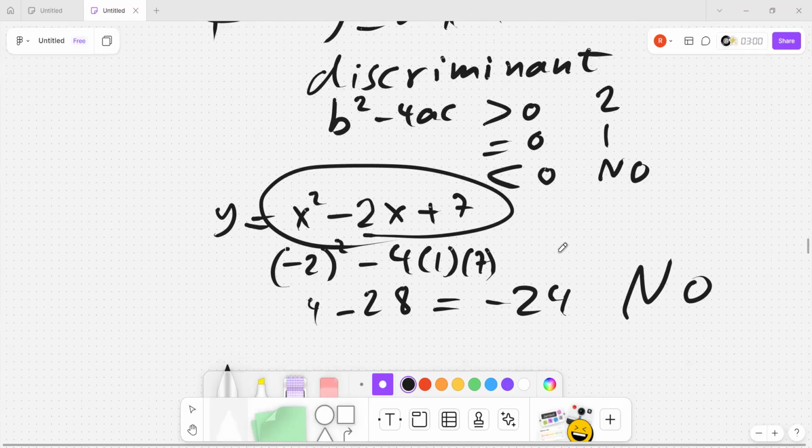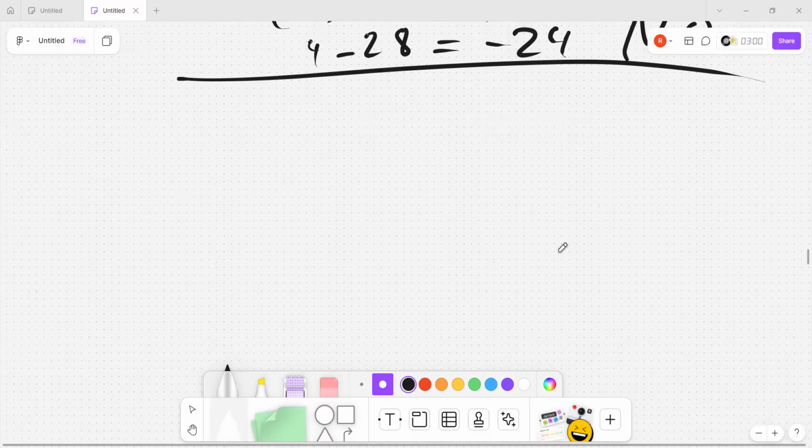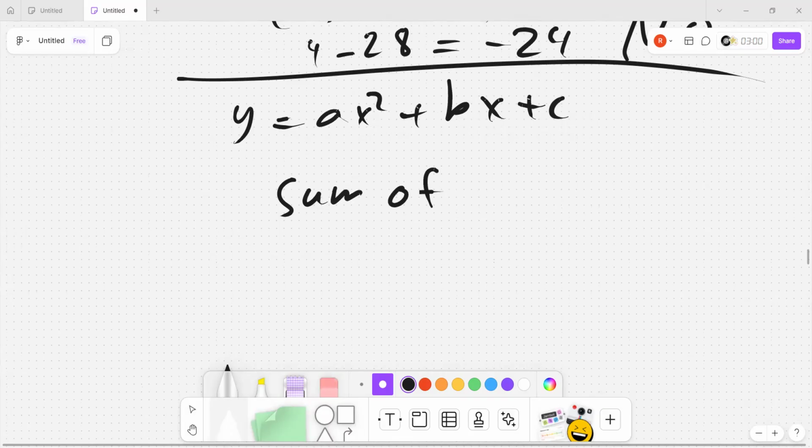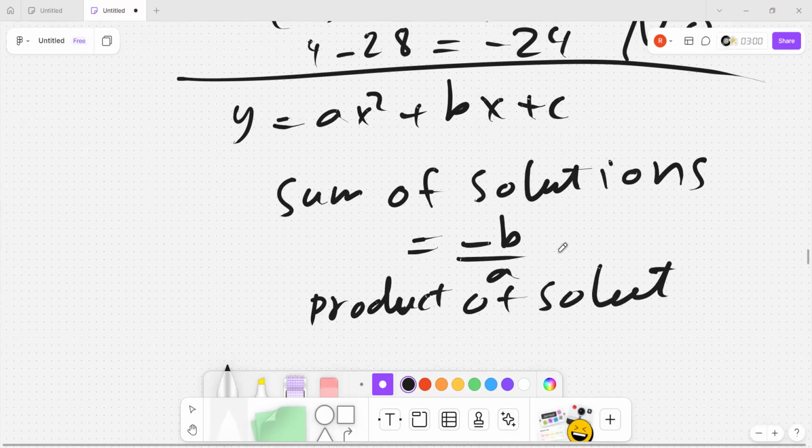Perfect. Another rule, which is also very important: if we have an equation written in that form, from here I can find the sum of solutions, which is negative b over a, and the product of solutions, which is c over a.